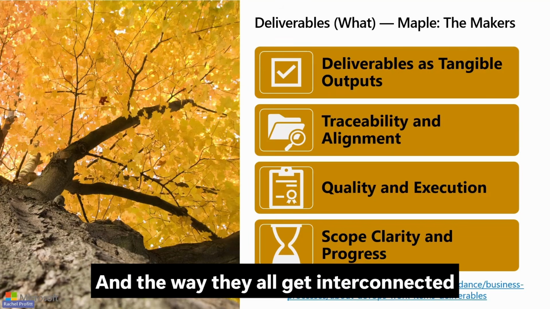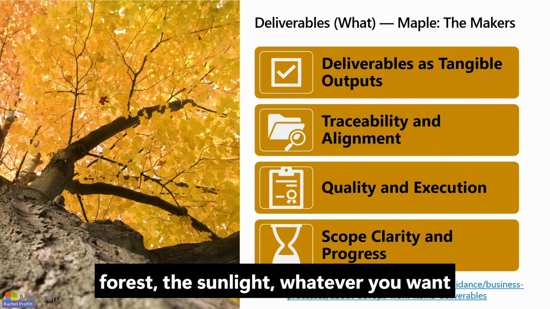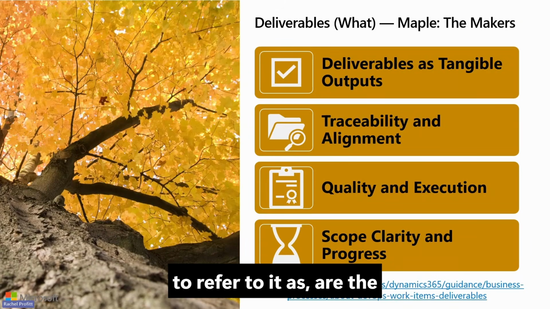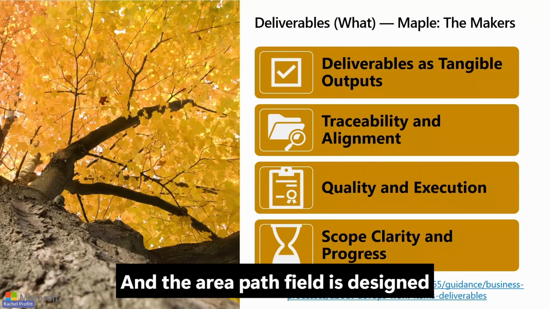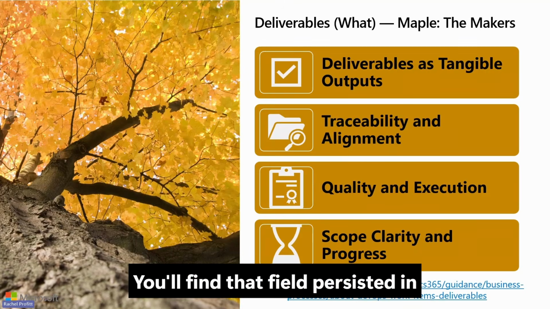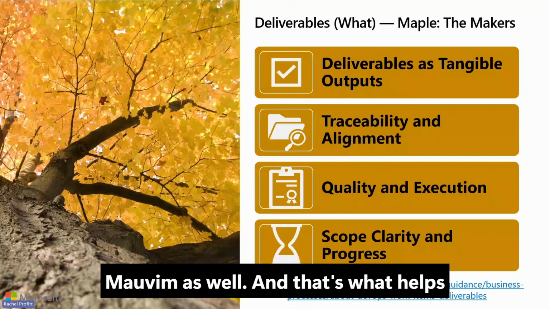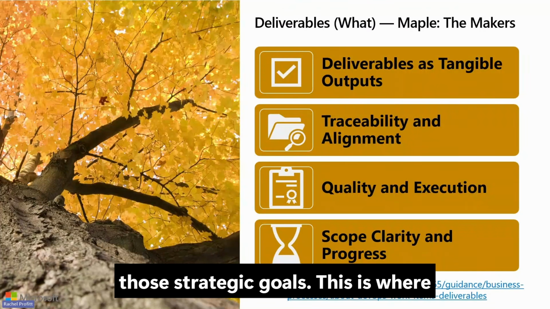And the way they all get interconnected through the air quote fabric of the forest, the sunlight, whatever you want to refer to it as, are the functional areas and the area path field. The area path field is designed specifically to work with Azure DevOps. You'll find that field persisted in Mavim as well. And that's what helps ensure traceability and alignment with those strategic goals.